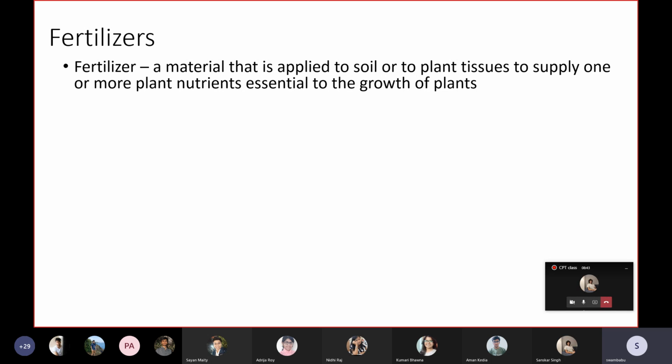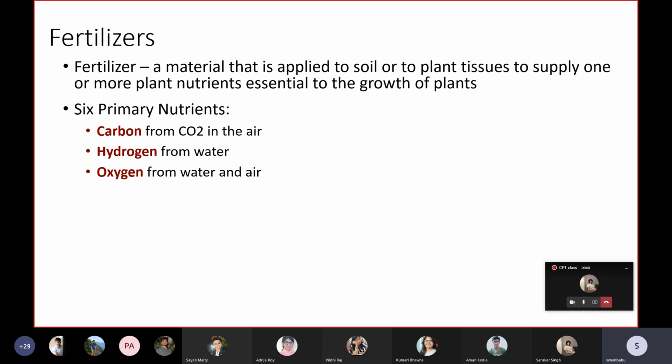So, for the growth of the plant, certain nutrients are essential. We supply that in the form of fertilizer. There are 6 primary nutrients. First 3 are carbon, hydrogen, and oxygen.